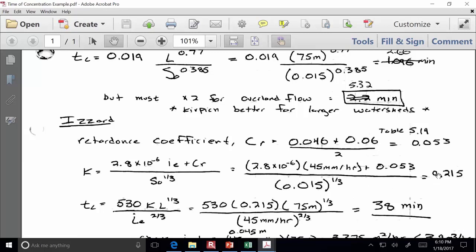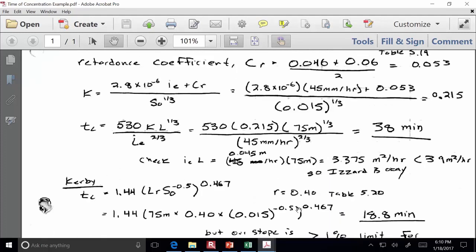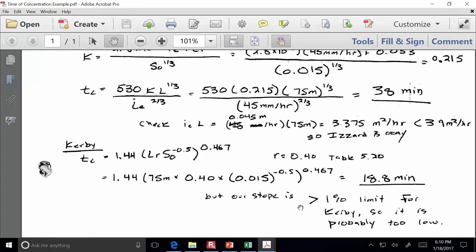So then with that K value of 0.21, the time that was calculated is about 38 minutes. And so we're back in maybe the reasonable range again. It's not giving us wild guesses like 5 minutes for the Izzard. But then Kirby ended up being a little bit on the low side again.